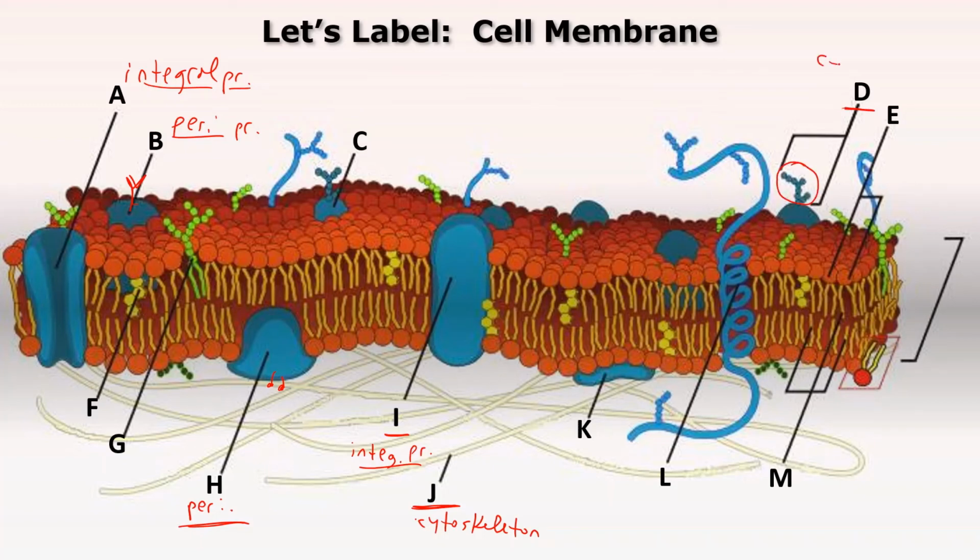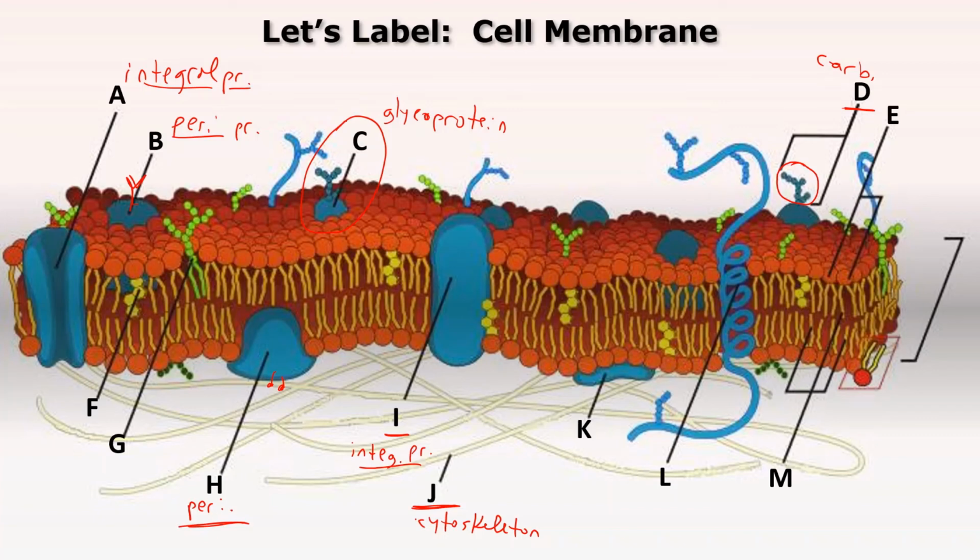So that's just a carbohydrate. That's a sugar. And because it's attached to that protein, this would be a glycoprotein, having something to do with cell recognition, ID, enzymatic reaction, a variety of functions.